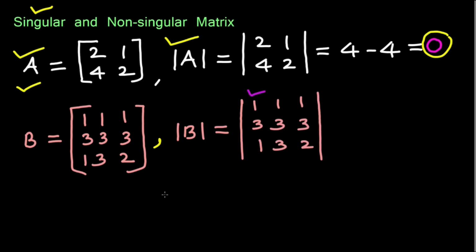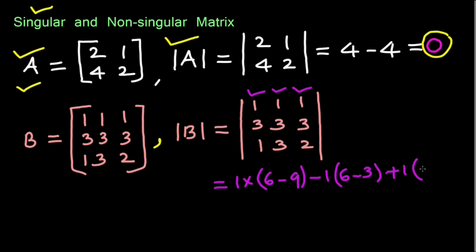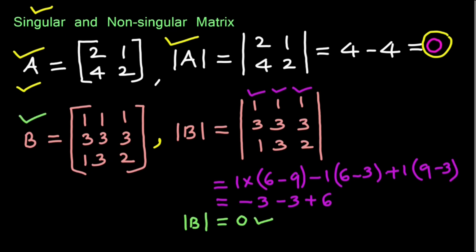It will be this 1 multiplied by its minor, which will be 3 times 2 is 6 minus 3 times 3 is 9, then minus sign, this 1 and its minor, 3 times 2 is 6 minus 3 times 1 is 3, then plus this 1 multiplied by its minor, 3 times 3 is 9 minus 3 times 1 is 3. It will be minus 3, this will be minus 3 and this will be plus 6, so it will be 0. Since the determinant of matrix B is 0, we say that matrix B is a singular matrix.